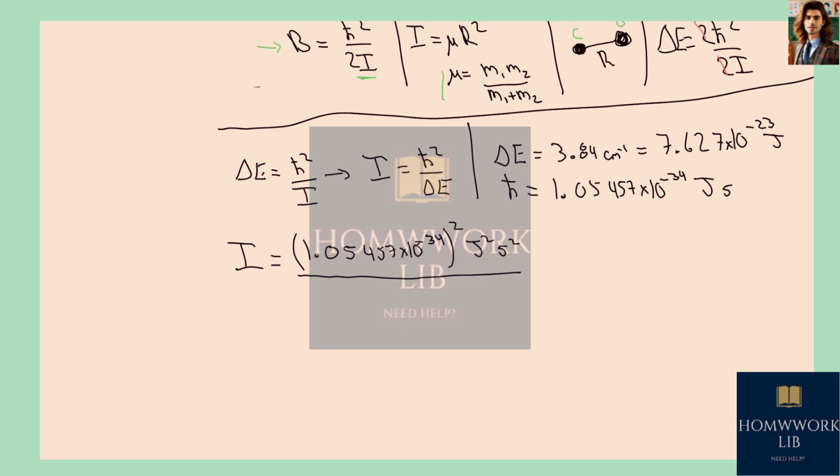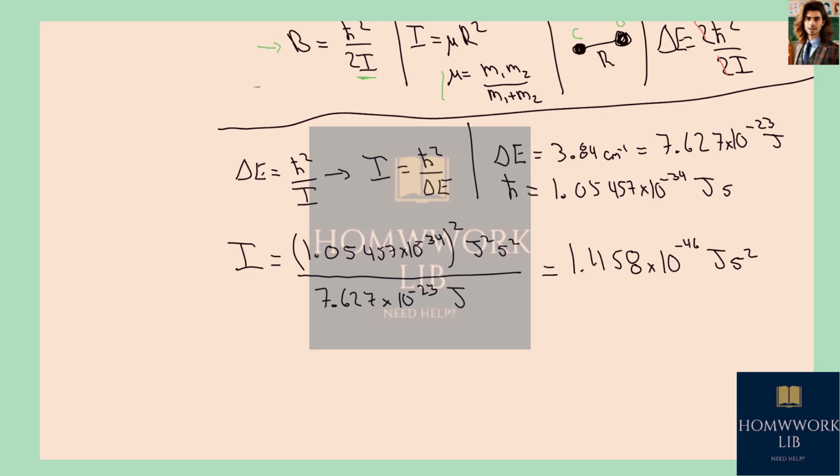Divided by the energy that I have, 7.627 times 10 to the minus 23 joules. The final result is going to be 1.458 times 10 to the minus 46 joules second squared. And this is going to be our first result. This is going to be our moment of inertia for our molecule.